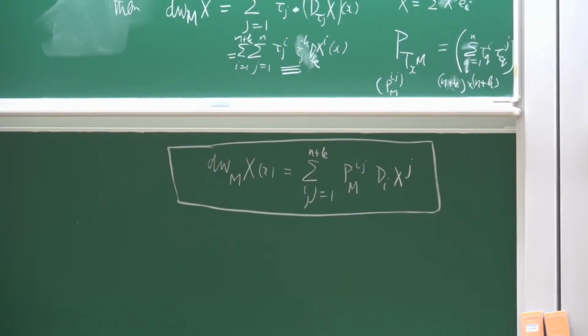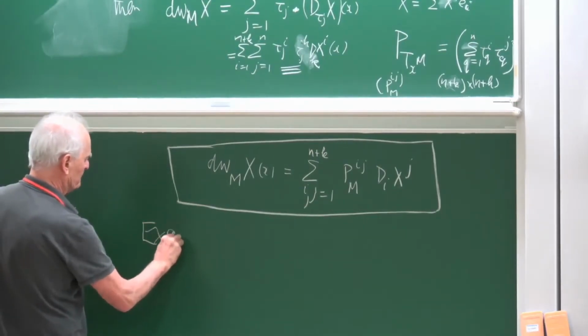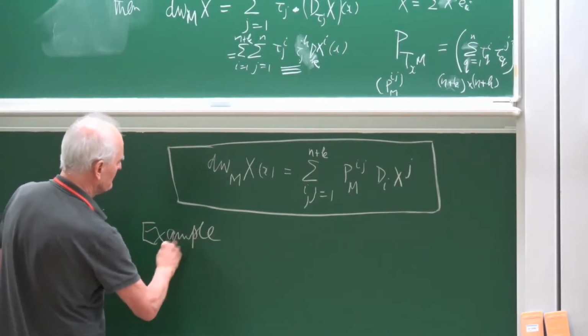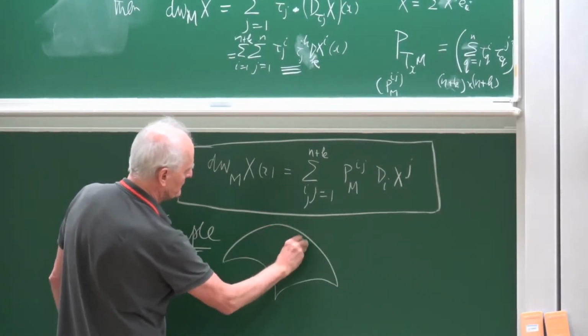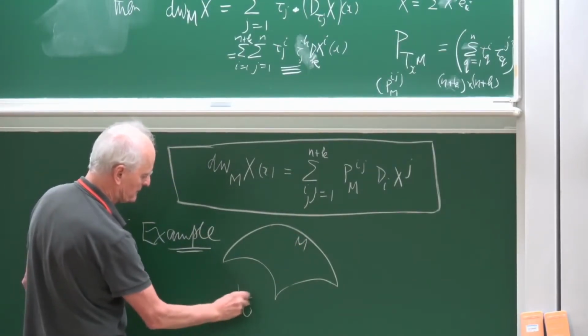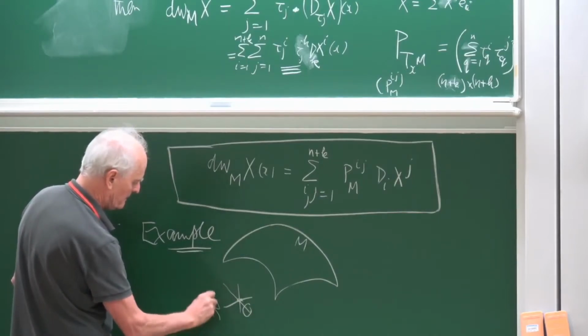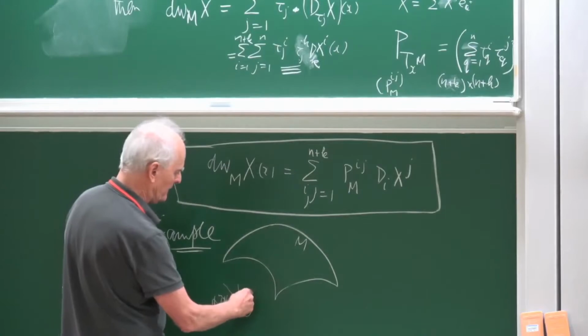In fact, let me give an example of this. Let's compute an example. So we've got this submanifold M sitting in the Euclidean space, and maybe the origin's down here. This is the origin of the Euclidean space, R^(n+k). Let's just take X to be the radial vector field.